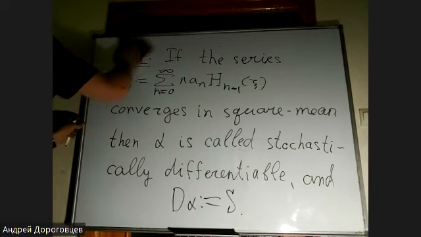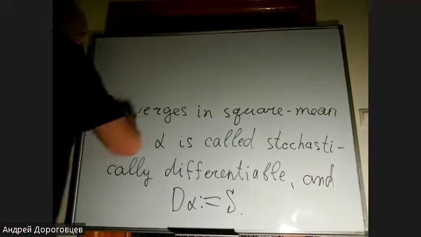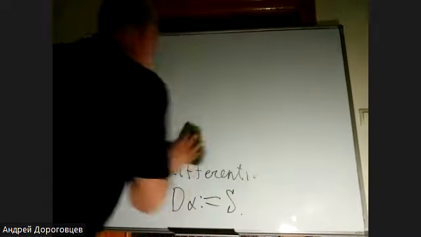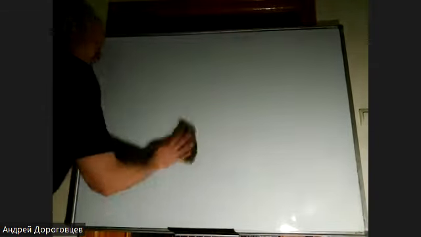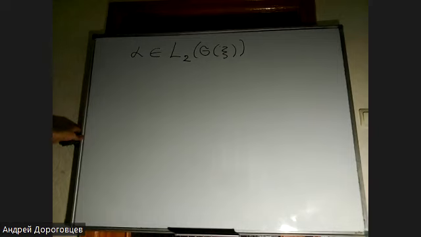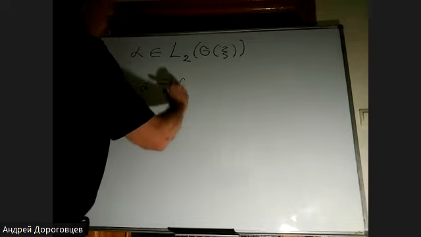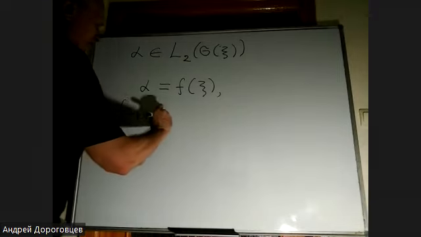Let me recall that if alpha belongs to this family L2 of sigma of psi, then by the well-known theorem from the course of probability, alpha can be represented as f of psi, where f is a Borel function.